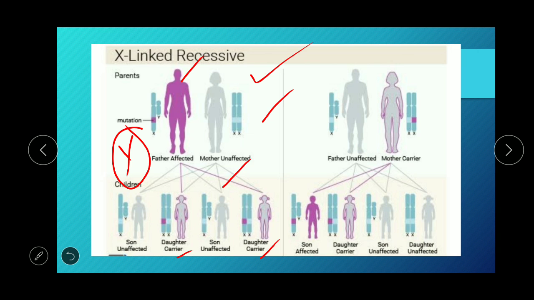So there is no chance of the X recessive trait occurring in him. But if the mother is a carrier, the son will be affected and the daughter will be a carrier. Male cannot be a carrier, because males have only one X chromosome, and if the defective allele is there, they will be affected.